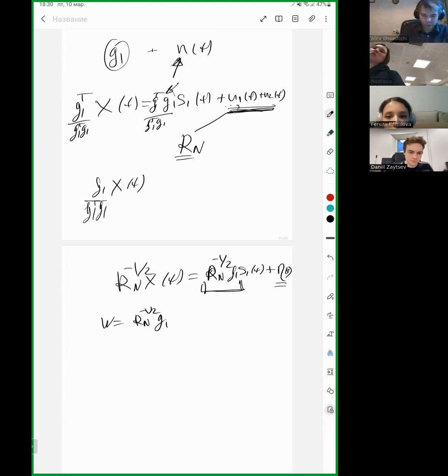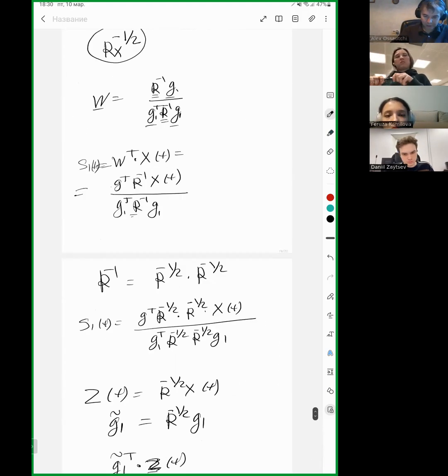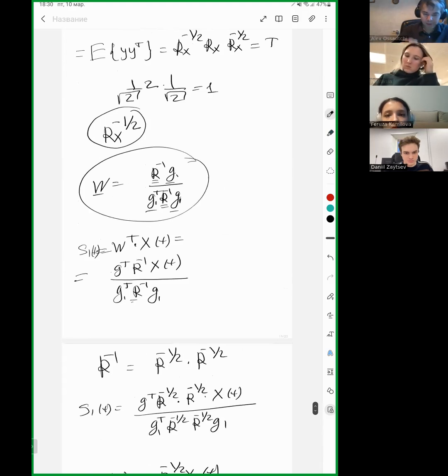And then if you write this whole thing, you will arrive at exactly this expression, except that instead of R, which used to be the entire data covariance, it will be simply the noise covariance. And this is not a beamformer. This is the so-called maximum likelihood estimate. I'm not going to tell you why, but this is not a beamformer. The difference is that in the maximum likelihood estimation, R is the noise covariance.